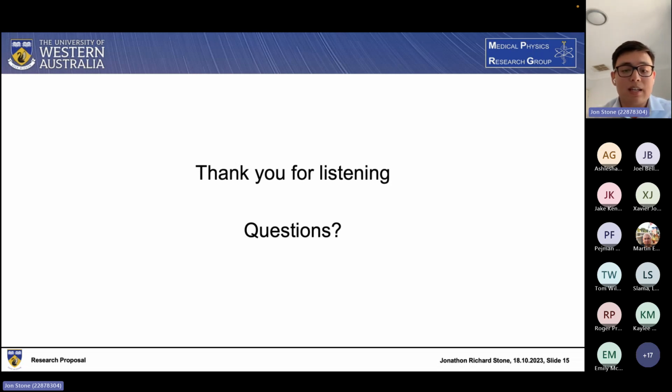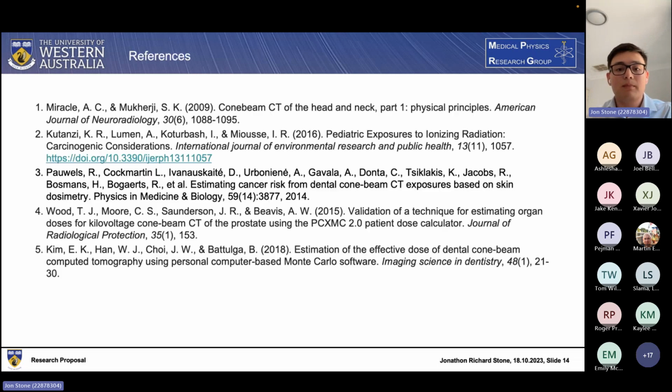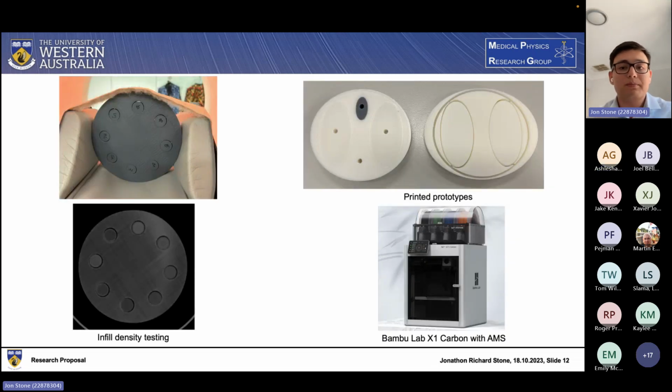We haven't actually done the HU testing for that infill yet, but we've printed some prototype little cylinders like these ones. We've done some testing with the different filaments, and it's proven to print both filaments on the same level pretty well. Okay, great.